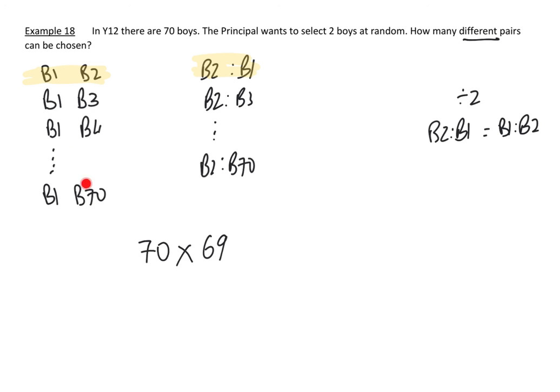There's this combination with boy 1, and with boy 2, and with boy 3, and all the way up to boy 70. So we've got 70 lots times 69. This is our m times n, the product rule for counting. But because it is duplicates, we need to divide that by 2. And we get 2,415 combinations.